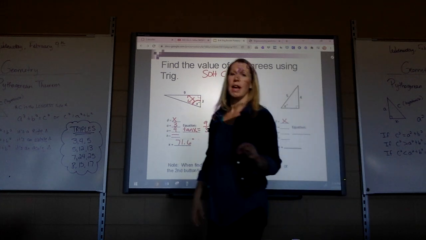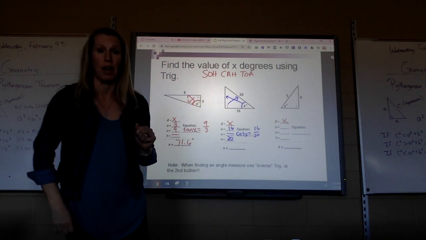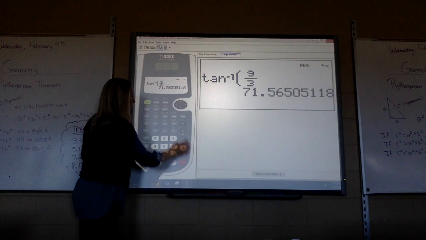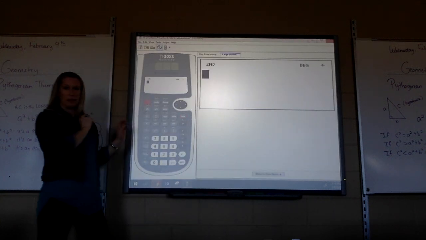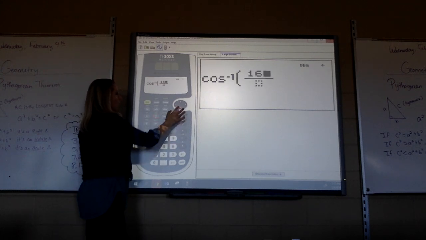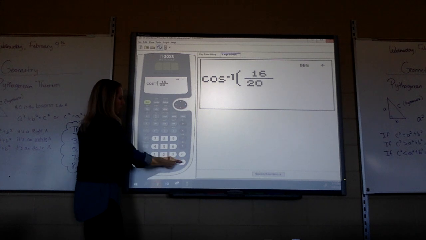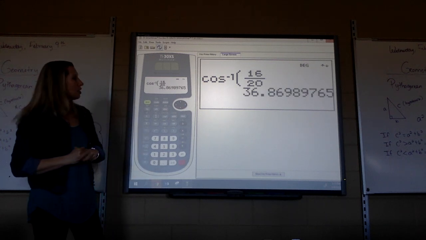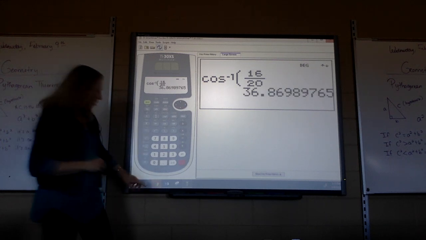If we don't know the angle, what's the first button you push in the calculator? The second button, second, cos 16 over 20. Hit enter. So the degrees is 36.9 degrees.